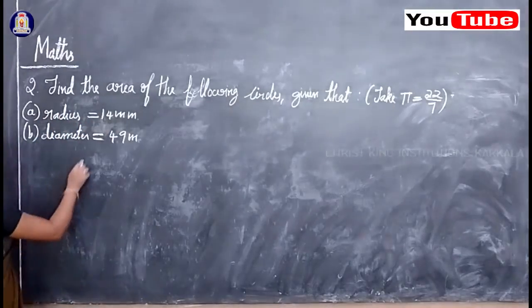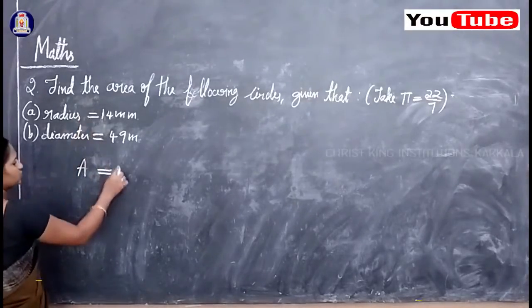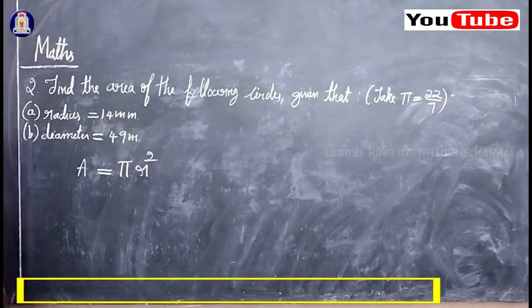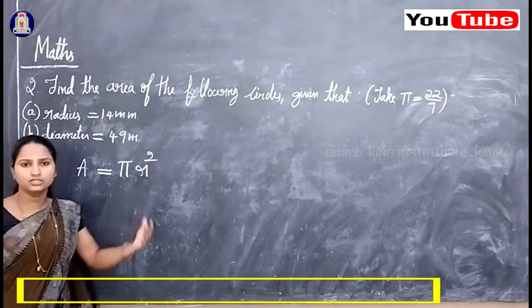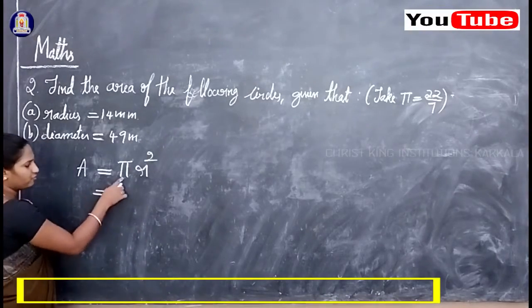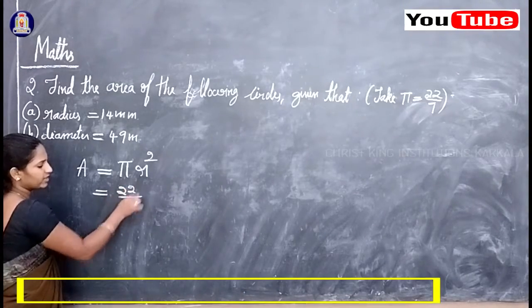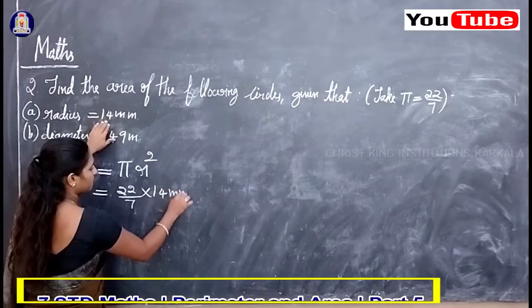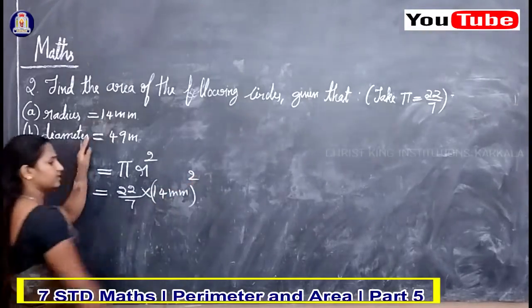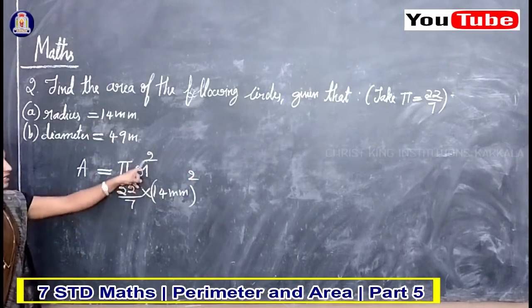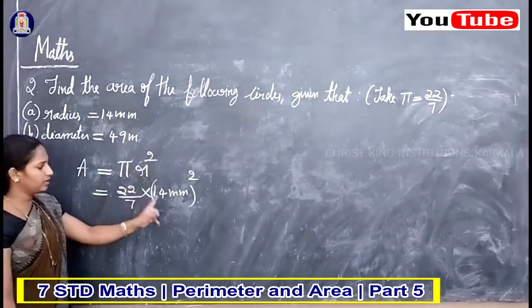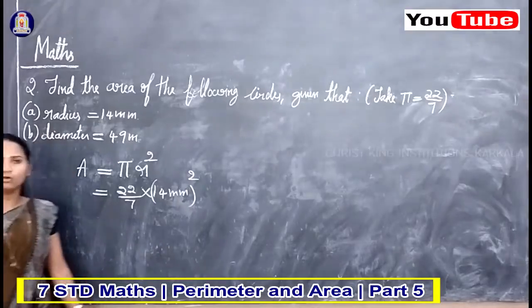To find the area of the circle we must use this formula, pi into r square. So A is equal to pi r square. The value of pi is 22 by 7 into radius 14 mm the whole square. Clear? R is the radius, r is 14 mm. So r square is 14 mm the whole square.